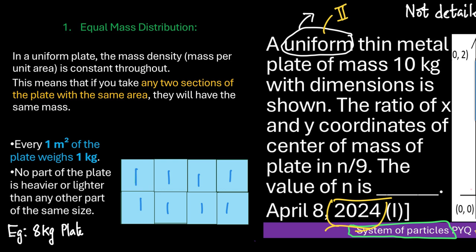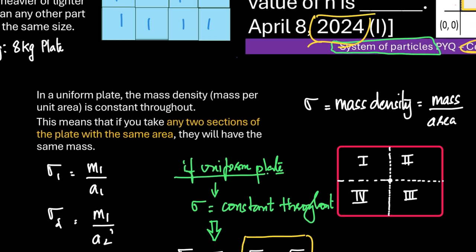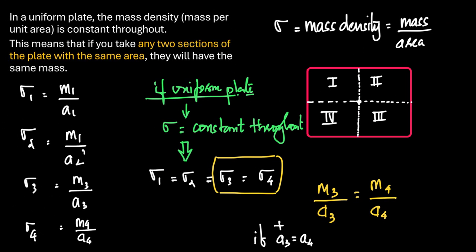Let us try to understand this explanation first, and then we'll go through the example. So when we say that the mass density, sigma, is mass per area, now in a uniform plate, this mass density sigma is constant throughout.